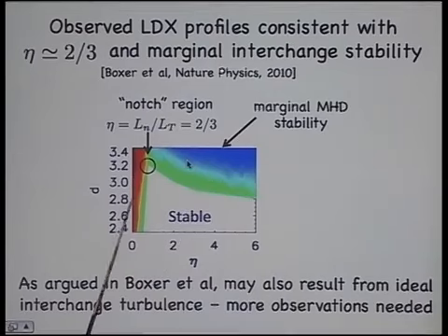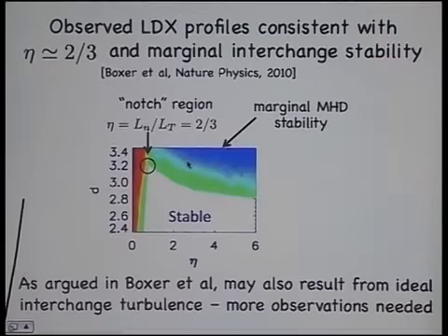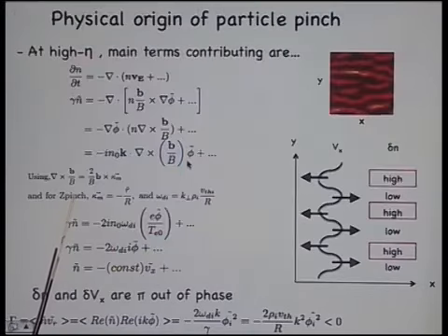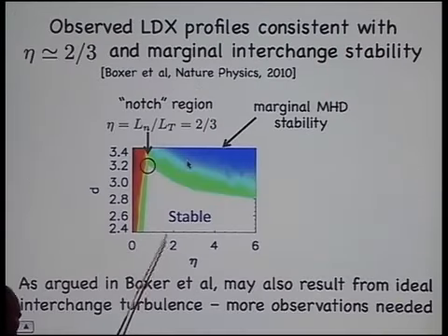So in other words, this region, I could have made the circle bigger, somewhere in here. And that actually makes sense from the point of view of the transport.